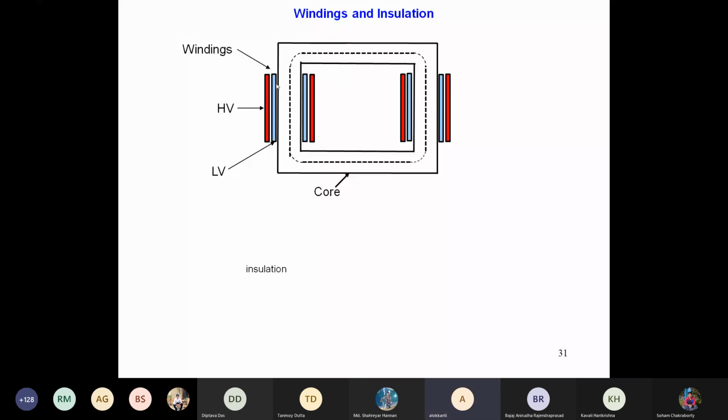So to protect the core, the high voltage winding is kept on the outside. Between the core and the low voltage winding there will be insulation, and between the low voltage and the high voltage winding also there will be insulation.